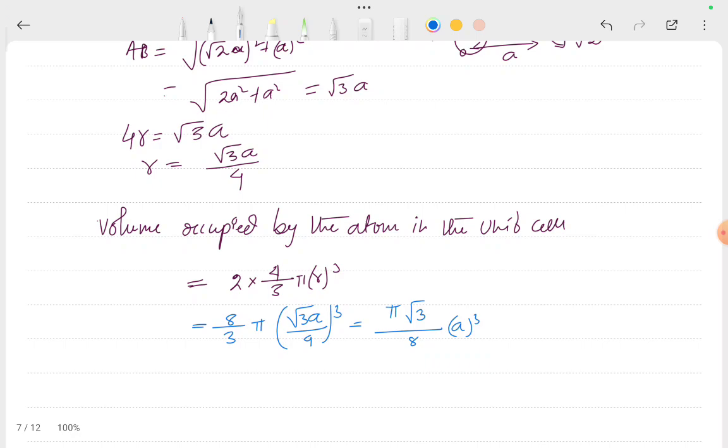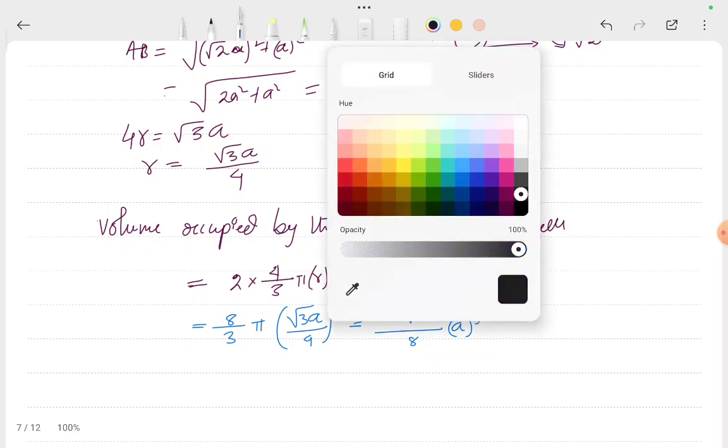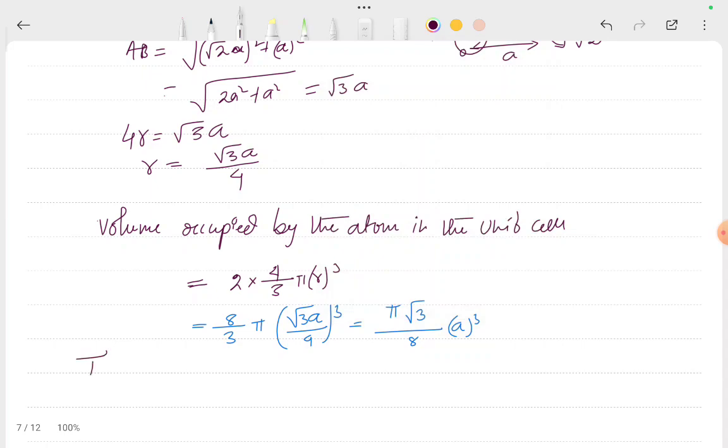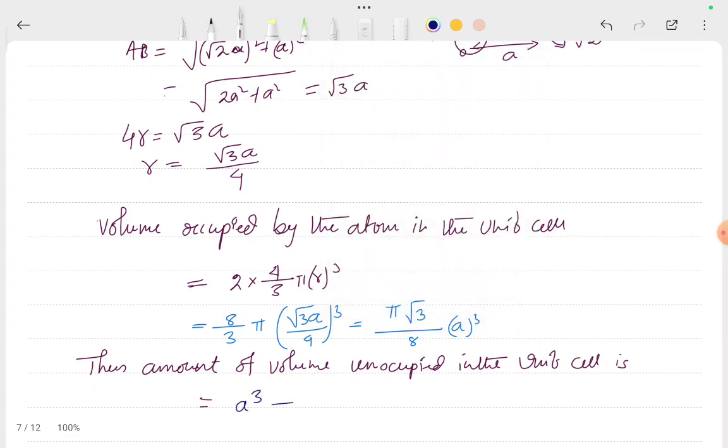Okay, so thus the amount of volume unoccupied in the unit cell equals total volume of unit cell minus volume occupied by the atom in the unit cell.